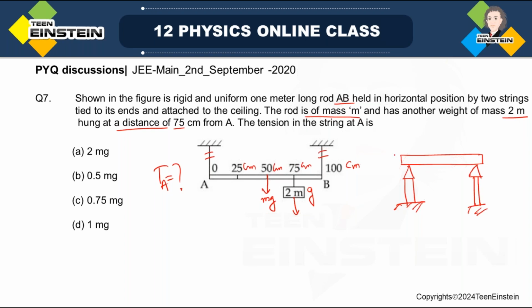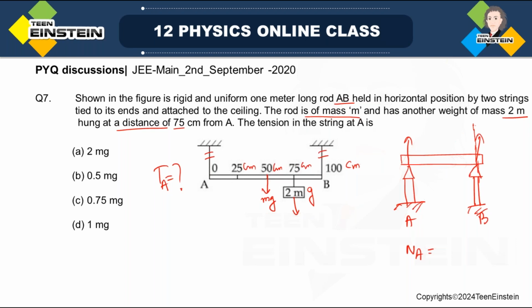If you are asked to find the normal reaction at a particular position, suppose this is A and this is B, and you want the normal force at A, then you have to pass your rotation axis through B. This is a problem from rotational equilibrium.